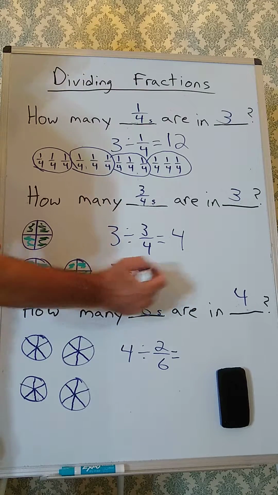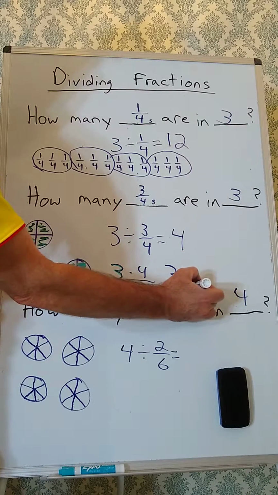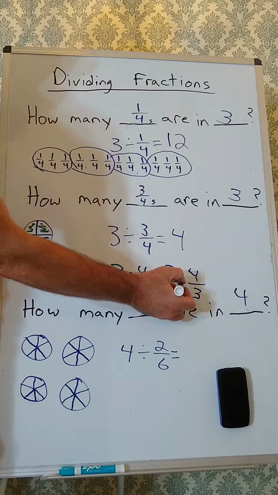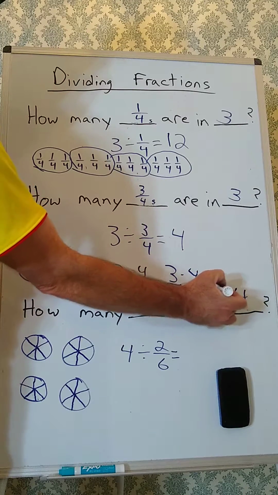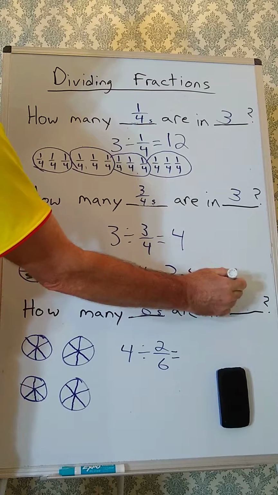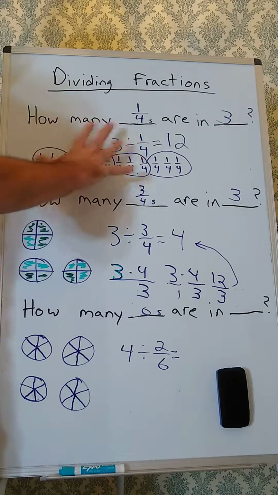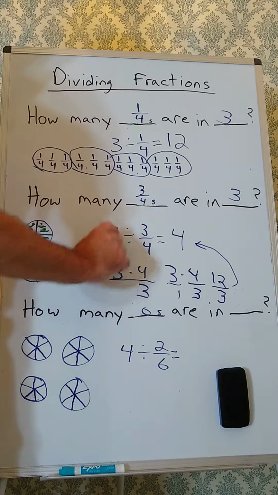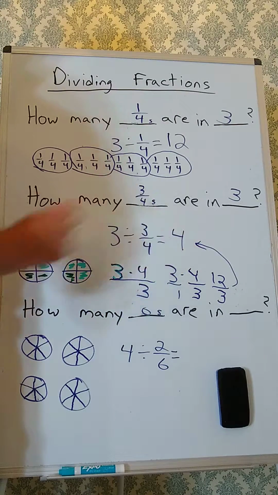So what we're really doing is we have 3 wholes, and we're multiplying by 4/3, which is the reciprocal of 3/4, and we get 3 times 4 is 12, 3 times 1 is 3, so 12/3, and 12/3 is equal to 4. Okay, so that's what's going on. Hopefully the pictures are helping explain. And we see that we multiply our original number by the reciprocal of the divisor, and that gives us the value.